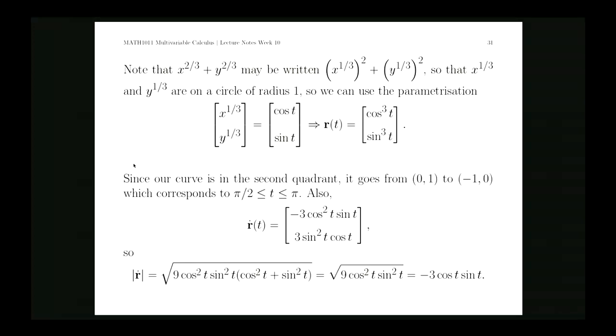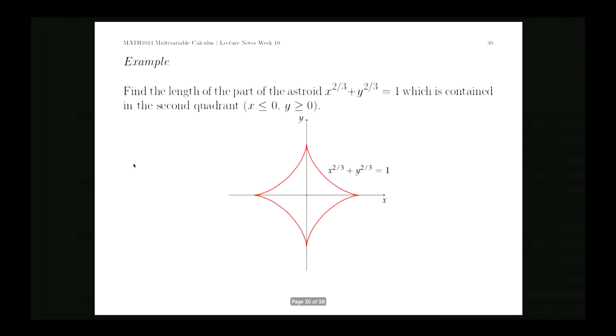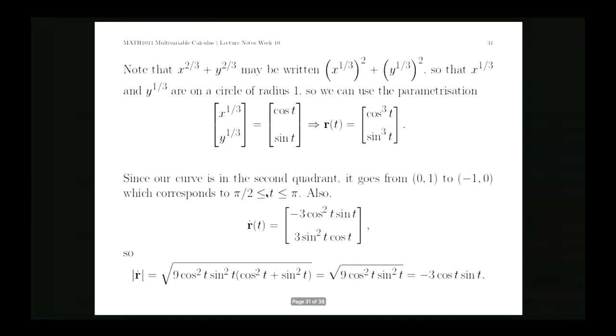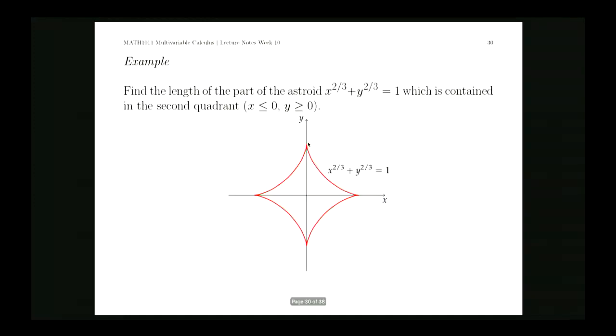No, I don't. I'm going to do this from pi on 2. It doesn't matter. Remember, it's not unique. I've let x be cos cubed, y be sine cubed. But if I want this piece, that means t has to go from pi on 2 to pi, doesn't it?